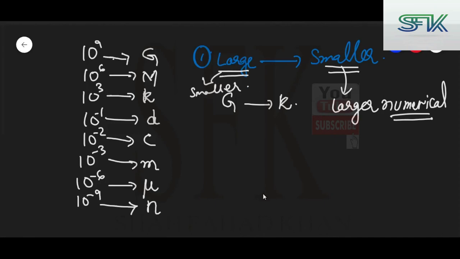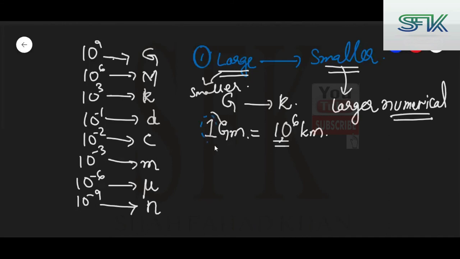For example, if you talk about giga and kilo, previously I told you that 1 gigameter is actually equal to 10 raised to the power of 6 kilometers. Correct? How did I know this? If you look at the number over here, it's 10 raised to the power of 6, which actually means 6 zeros next to the 1, and over here the number is just 1. Correct?